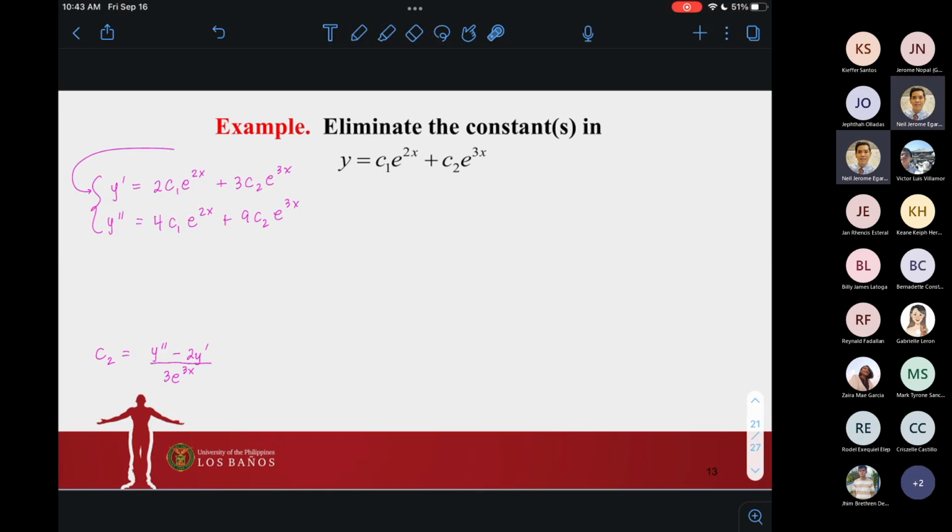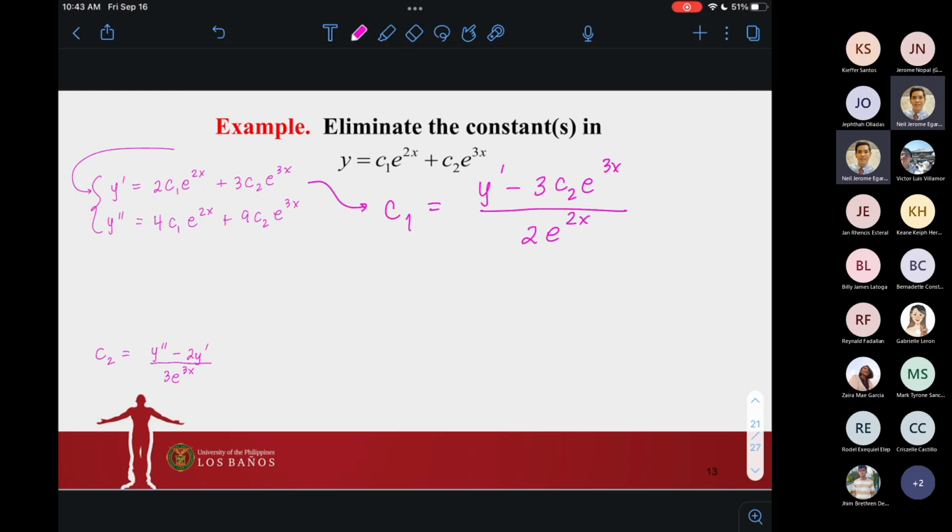From the first equation, I can solve for C1, since C1 is what we're looking for. So C1 will be equal to y prime minus 3C2 e to the 3x all over 2e to the 2x. Right?